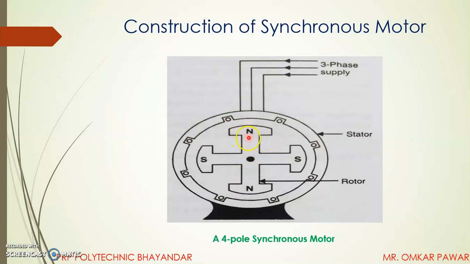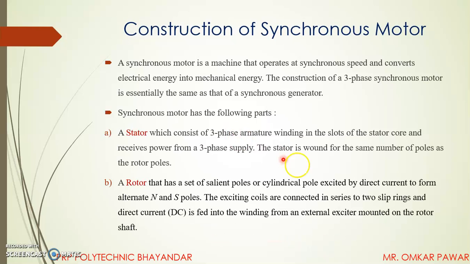Cylindrical means a plain circular rotor, but salient means the outer shape is like this, and this type of shape is called a salient pole. These salient or cylindrical poles are excited by DC current to form alternate N and S poles. The exciting coils are connected in series to two slip rings, and direct current is fed into the winding from an external exciter mounted on the rotor shaft.